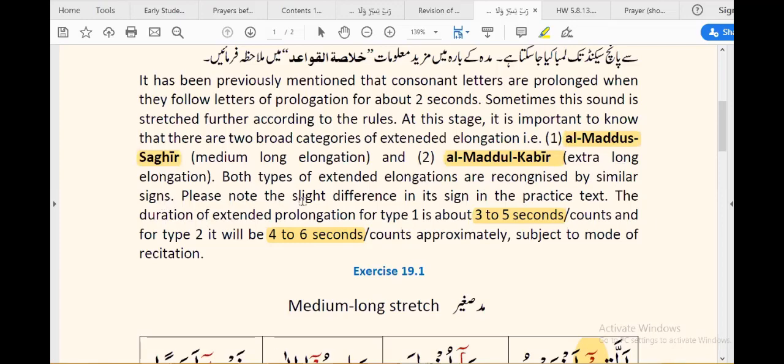Please note the slight difference in the signs in the practice text. The duration for type 1, Madd al-Saghir, is about 3 to 5 counts, and for type 2, Madd al-Kabir, approximately 4 to 6 counts.